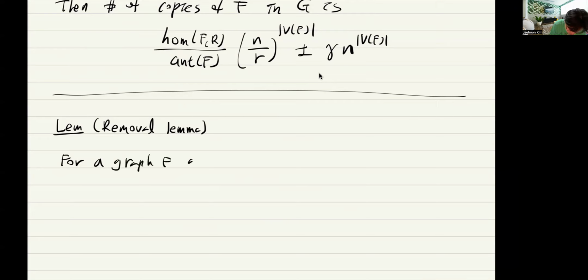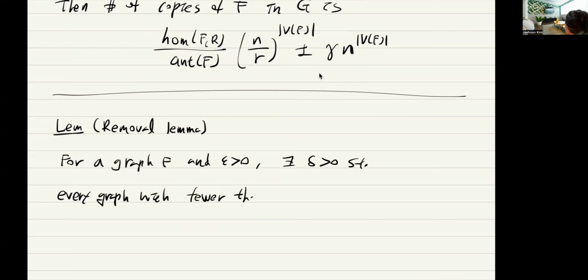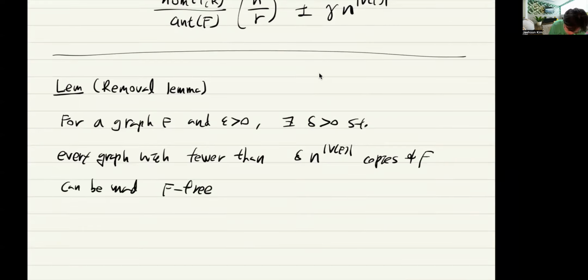For a graph F and epsilon positive, there is delta such that every graph with fewer than delta times n to the number of vertices of F copies of F can be made F-free after removing at most epsilon n squared edges.